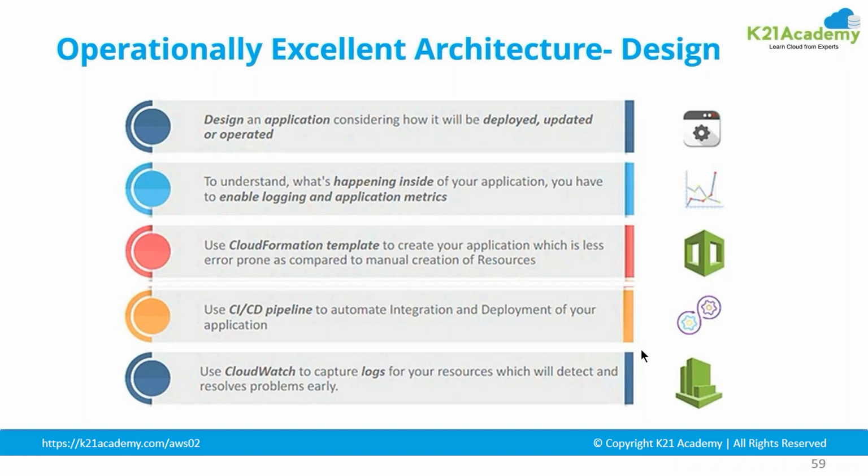It says that try to use infrastructure as code services. For the developer, it is saying that you should use CI/CD pipeline tools for automating the integration and the deployment processes.